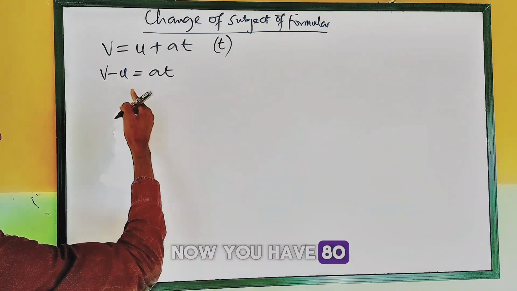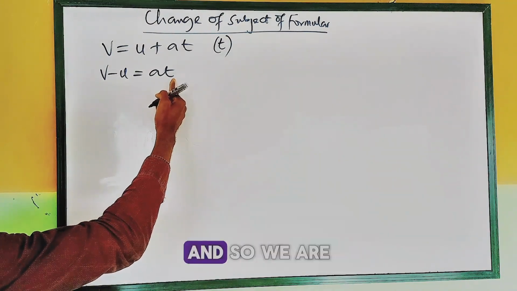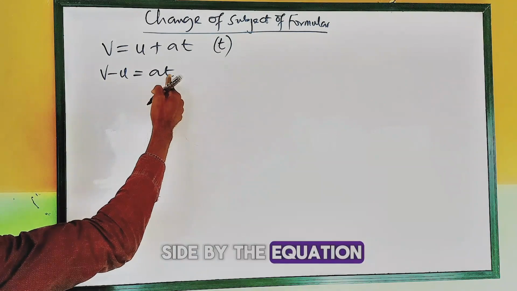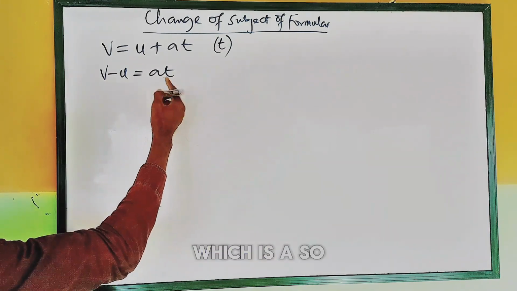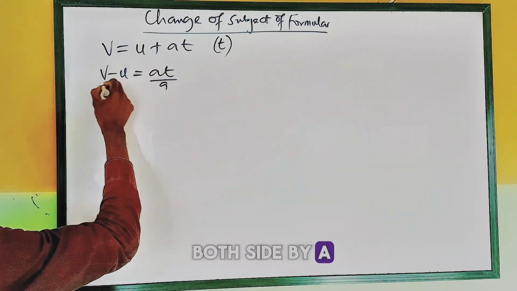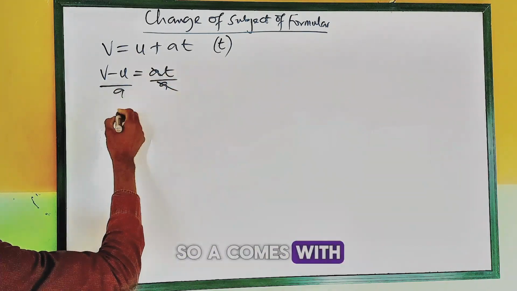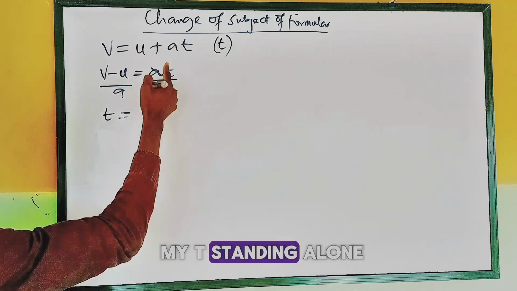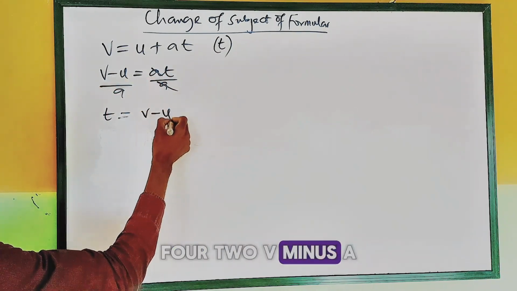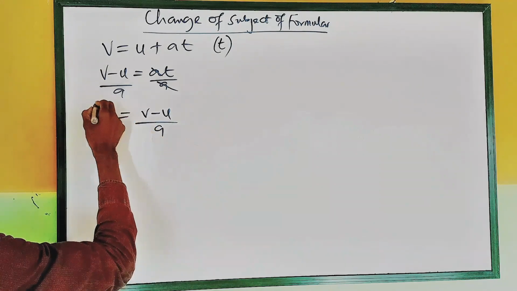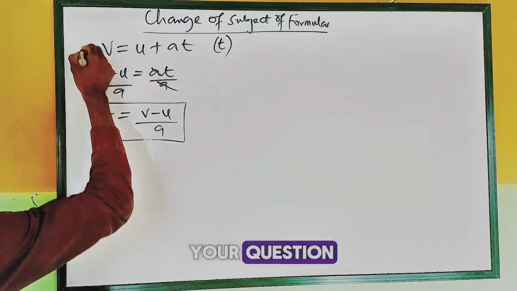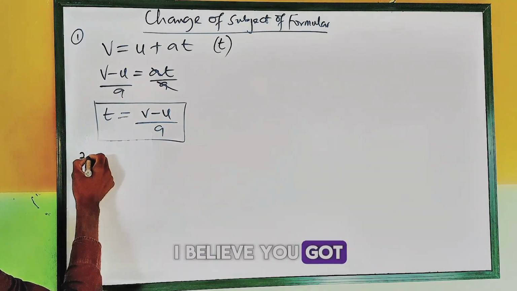Now we want to make T stand alone, so we divide both sides by the coefficient of T, which is A. A cancels A, and now my T is standing alone. T is now equal to V minus U over A. That is the answer to the question. I believe you got that.